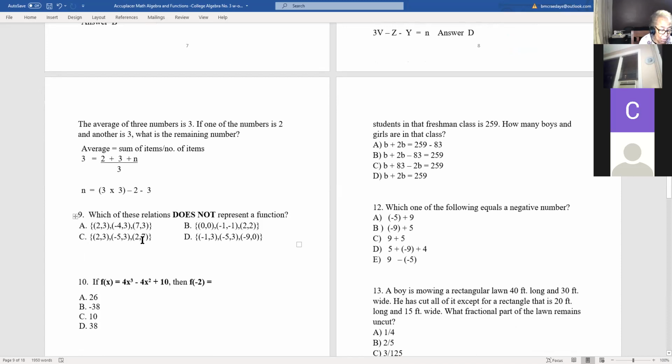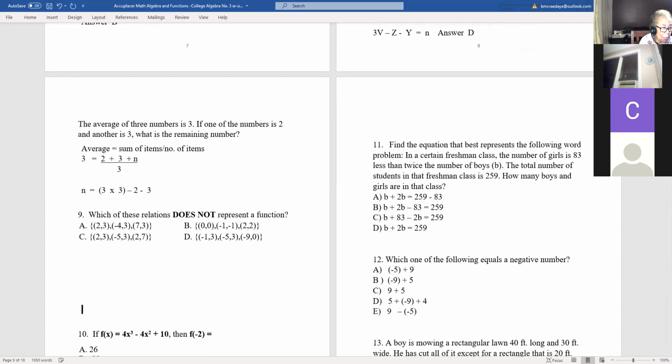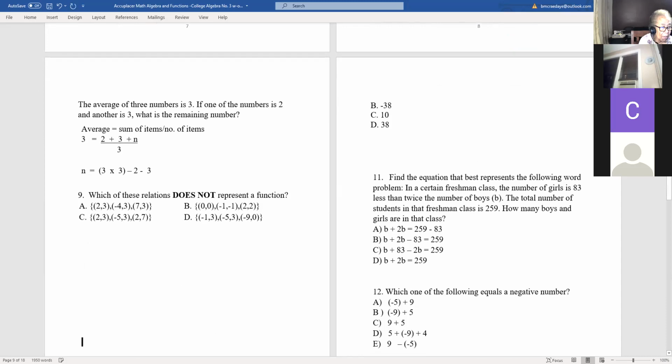Now, Latoya, you probably remember, in order for something to be a function, what must not change? The x or the y? I don't remember. X must not change. If I have a duplicate x, then it's not a function.